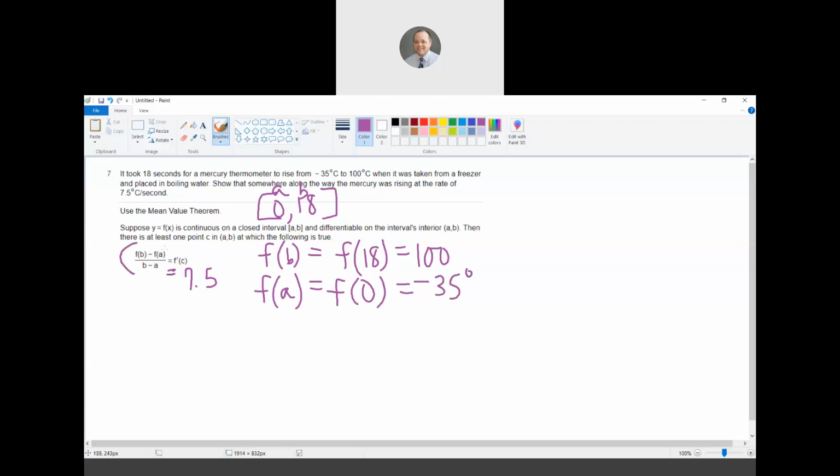So let's plug everything into our equation. We got f of b minus, now because our second temperature is negative, and we already have a negative in our equation, we got a double negative happening up top, all over b minus a, or 18 minus 0.